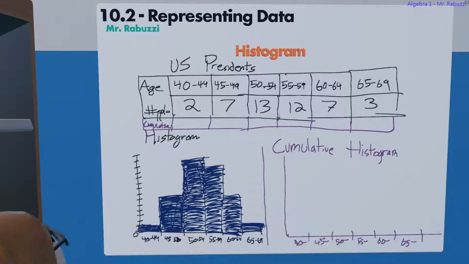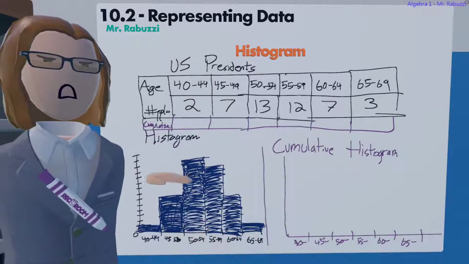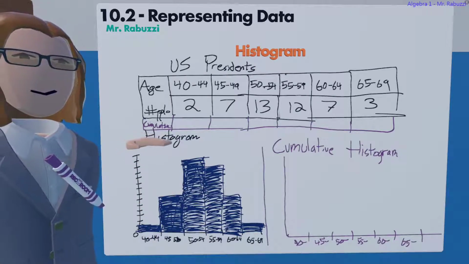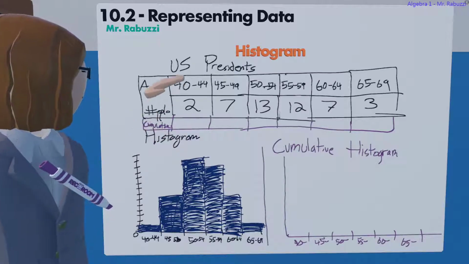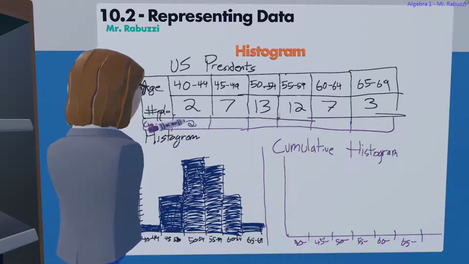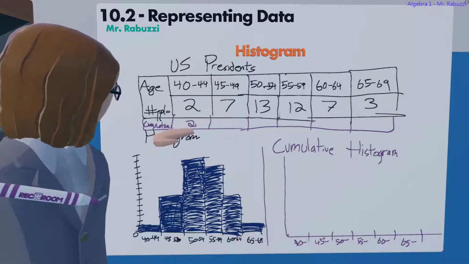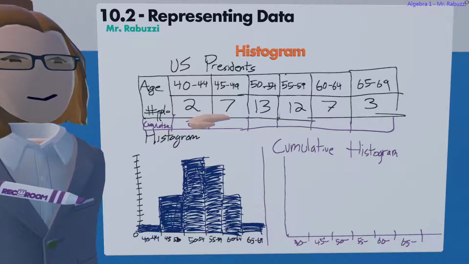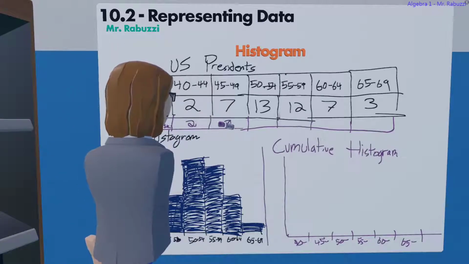Okay. To find our numbers for this, we don't just do the same thing as here. We make a new line on our data, and we do cumulative. We started our first number, 2. That one's easy. 2. Now we go to the next one, but we need to add 2 with the next data value. 2 plus 7 is 9.